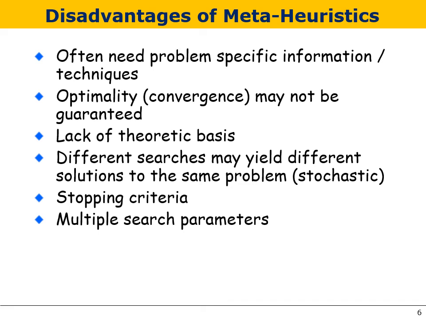Different searches may yield different solutions to the same problem. For example, the simulated annealing algorithm uses a cooling schedule, and the acceptance of a non-improving move, as we will see in detail, is probabilistic.